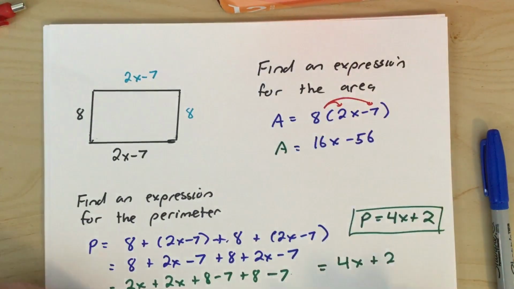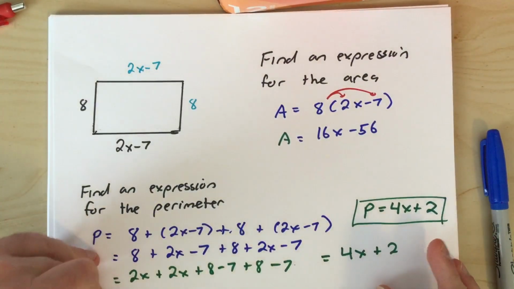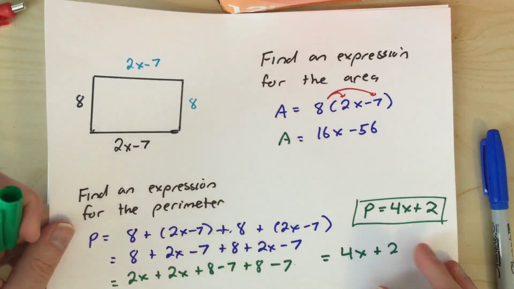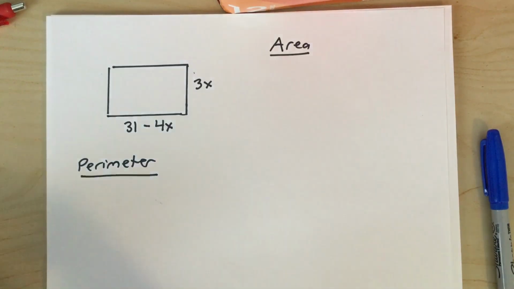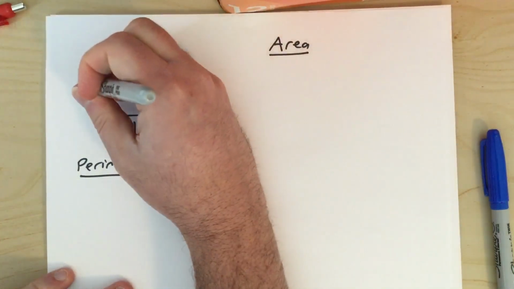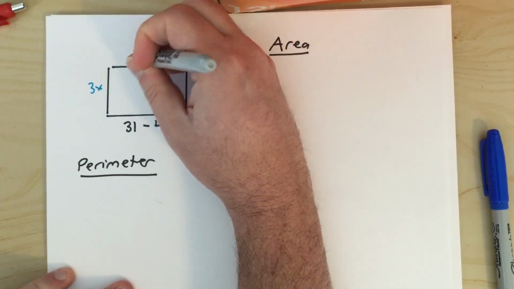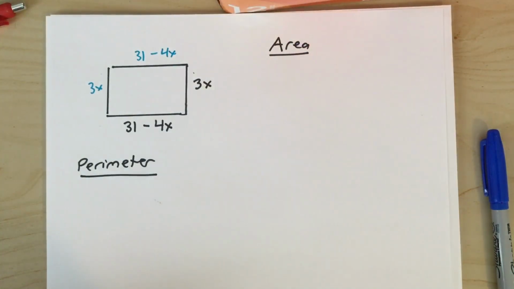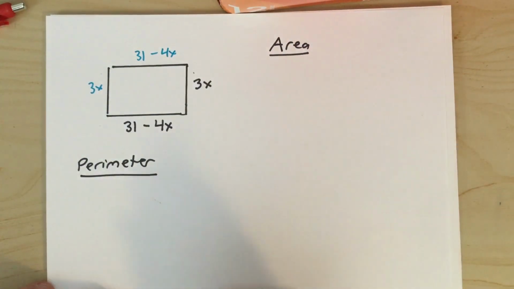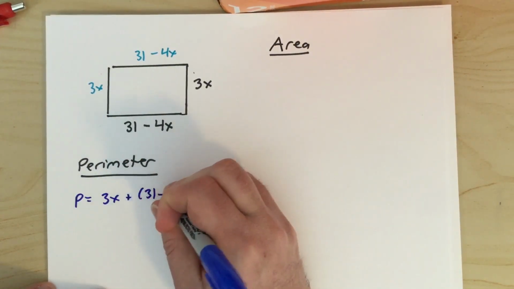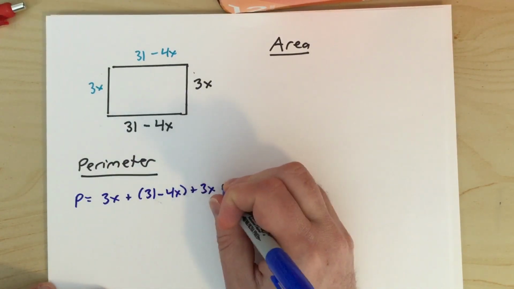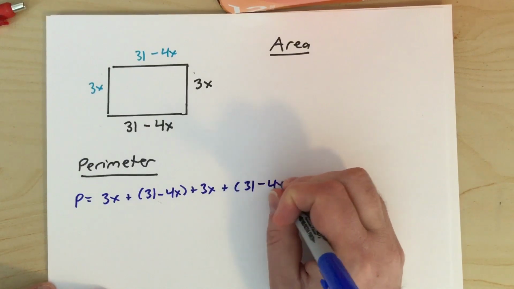And that's the area, like that. Okay. This one over here, I think the perimeter is the easier one. It's the same type of idea. If this is 3x, and this is also 3x, and if that's 31 minus 4x, this is also 31 minus 4x. So the perimeter is going to be 3x plus 31 minus 4x plus 3x plus 31 minus 4x.